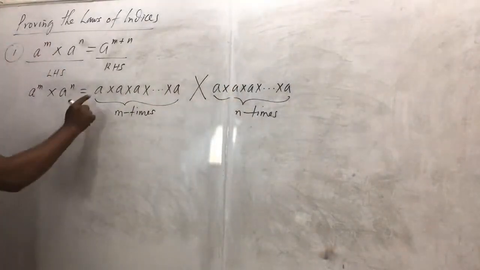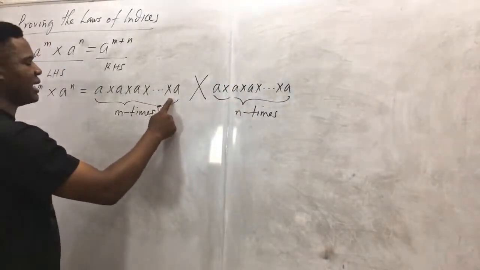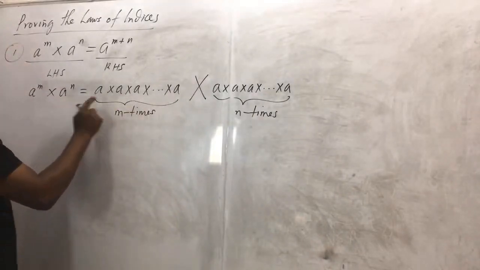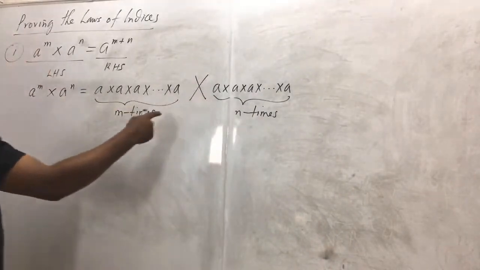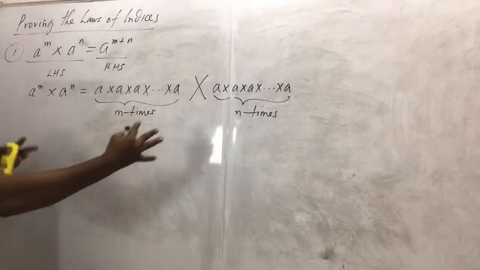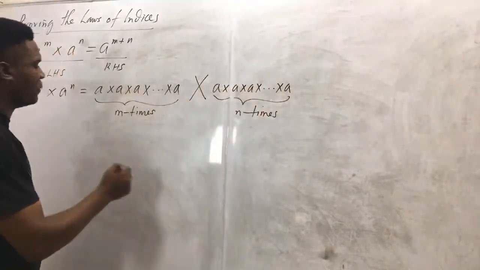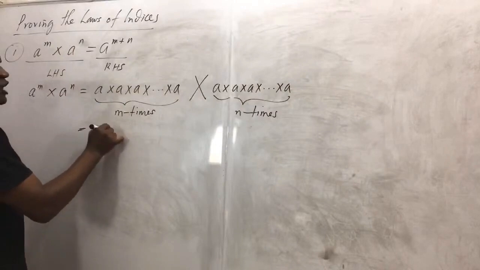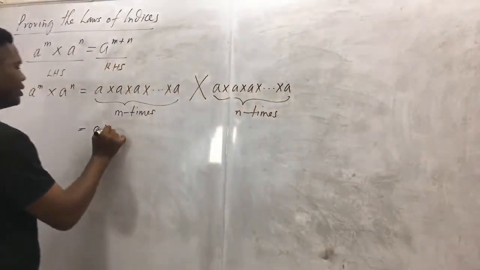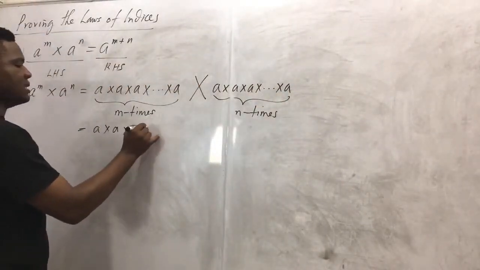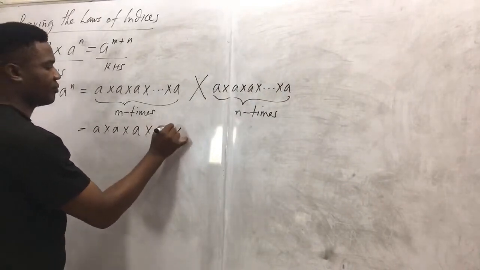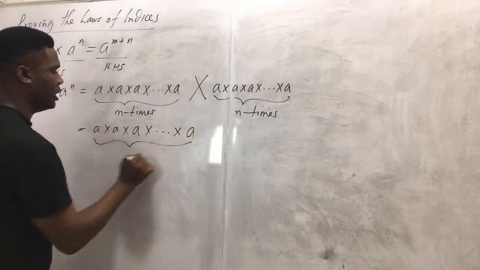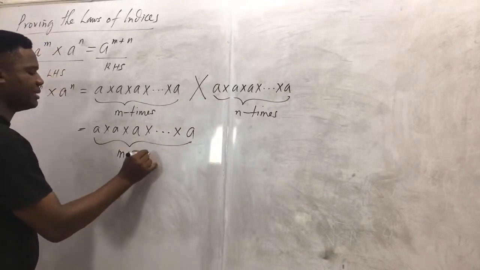So if a is multiplying itself m times to give a raised to power m, and the same a is multiplying itself n times to give a raised to power n, then if you put all the a's together in multiplication, you end up with a multiplying itself a total of m plus n times.